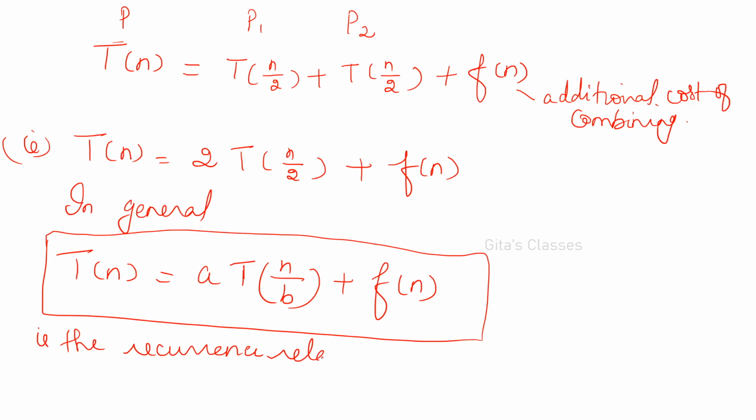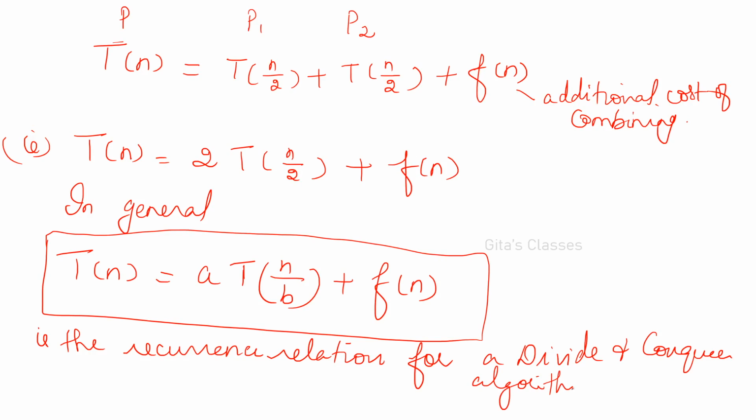This is an important part of the divide and conquer algorithm: the recurrence relation for a divide and conquer algorithm. Now let us solve this equation. Let this be equation number 1.